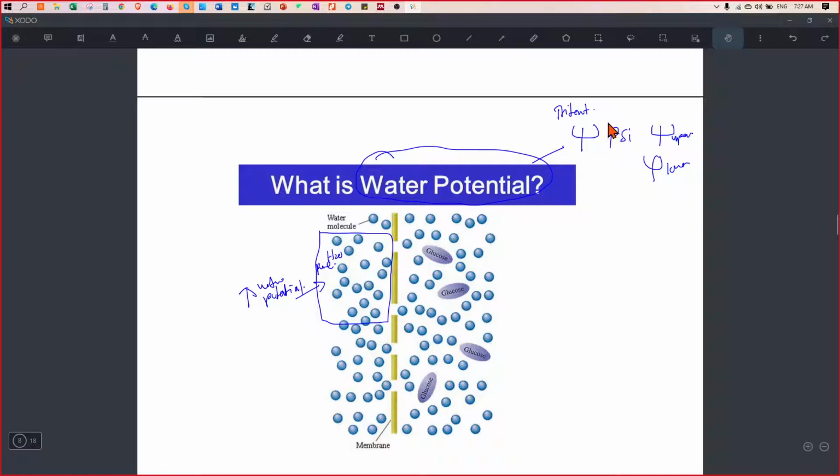So you might be asking, why use psi to associate with water potential? What does that have to do with anything? There is a story behind it actually. Look at this trident. The Little Mermaid, not the Little Mermaid herself, the father of the Little Mermaid.